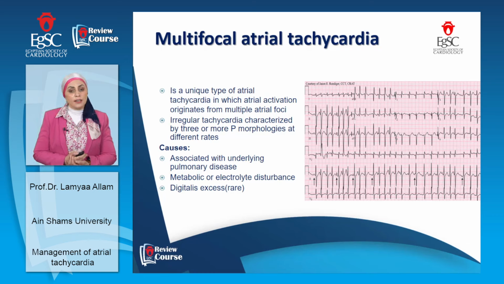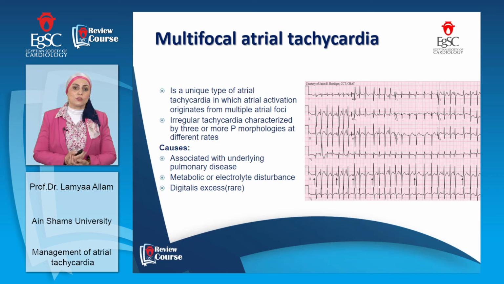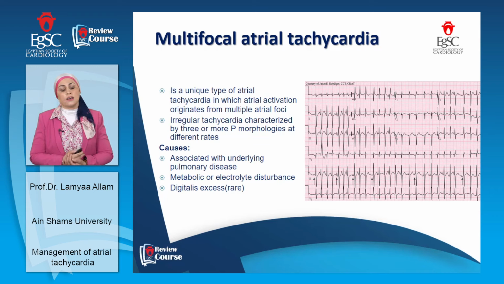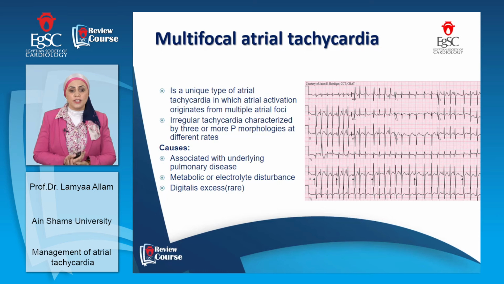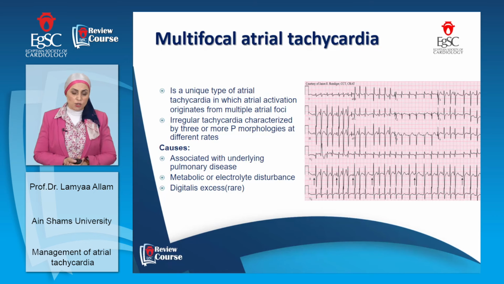Multifocal atrial tachycardia commonly has reversible causes, and it commonly occurs due to underlying associated diseases, especially chest conditions like pulmonary diseases, metabolic or electrolyte disturbances, and sometimes with digitalis toxicity.